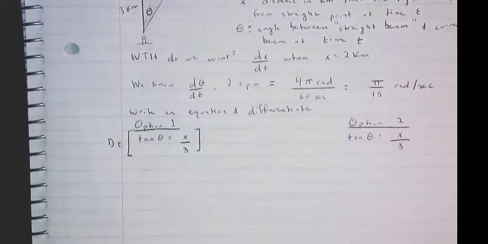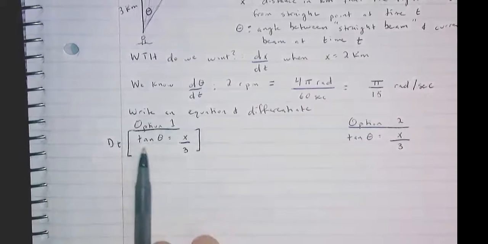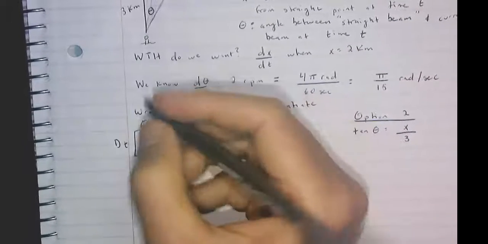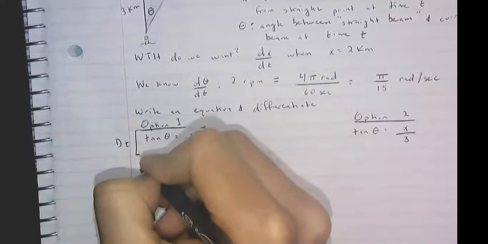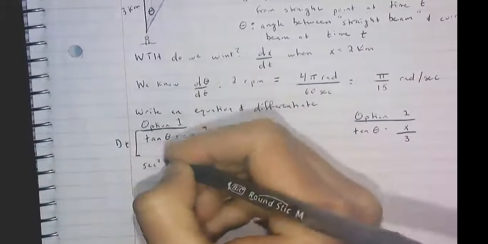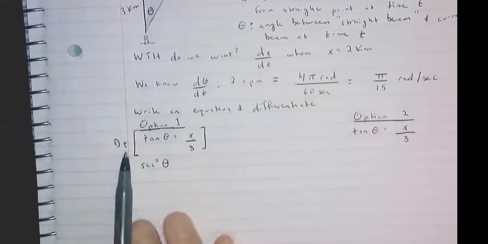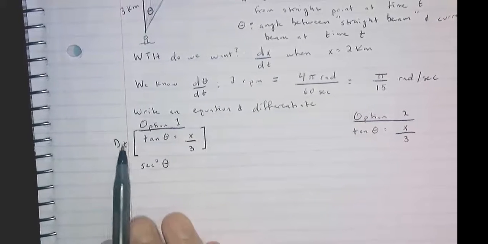Differentiating everything with respect to t. And that's a crucial part as well. Everything is being differentiated with respect to t. So, derivative of the tangent is the secant squared. But again, we are differentiating with respect to t.